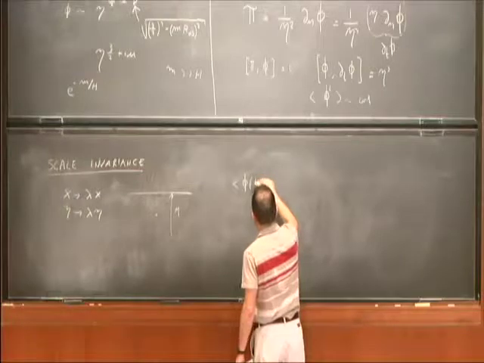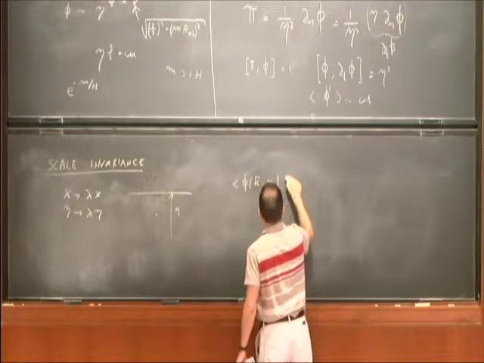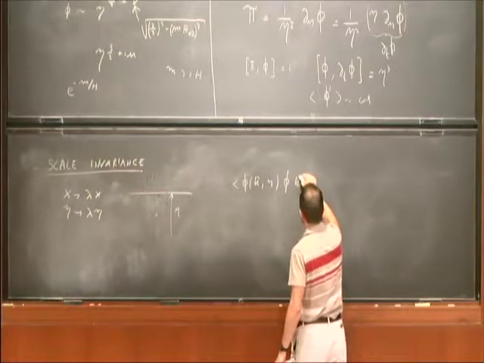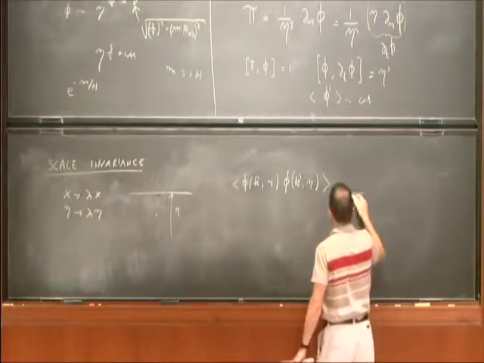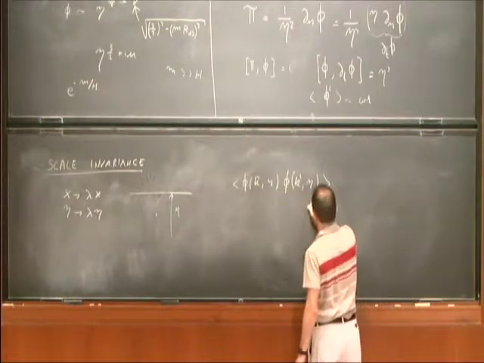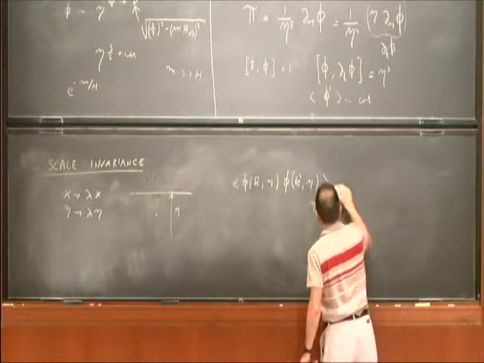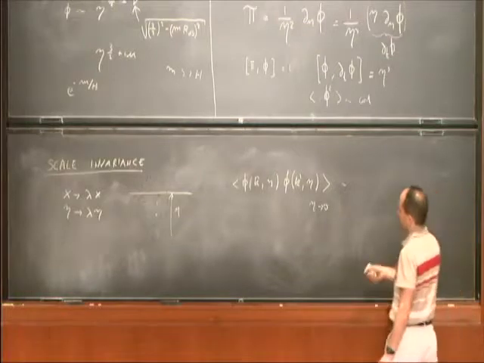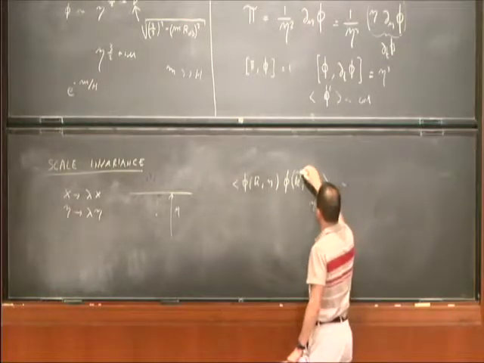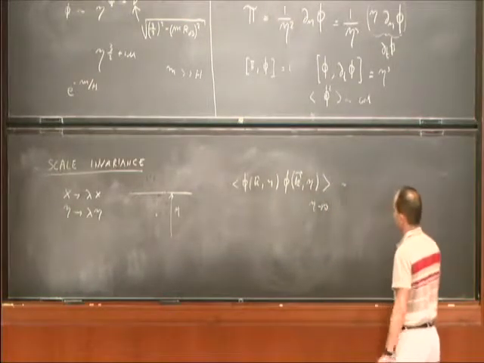the 2-point function, so let's say in momentum space, we saw that this became constant, independent of eta for eta going to 0, and the function of k can be determined again by scaling symmetry.